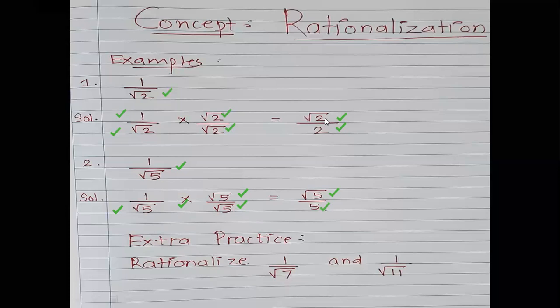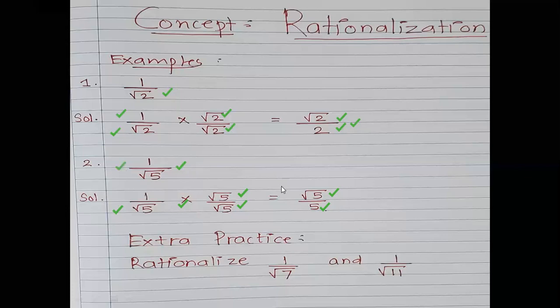So this is how you rationalize an irrational denominator to get a rational number. As you can see, the first question was 1 upon root 2. By the method of rationalization, we converted that into root 2 upon 2. The question was 1 upon root 5.